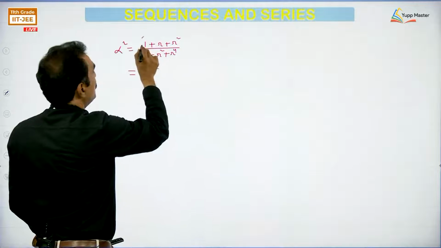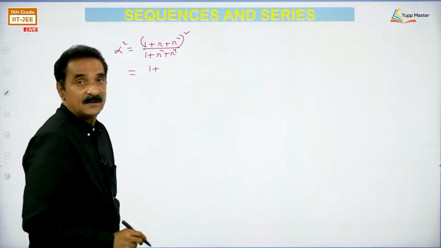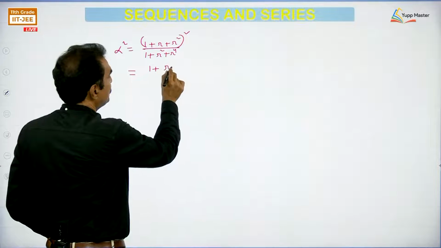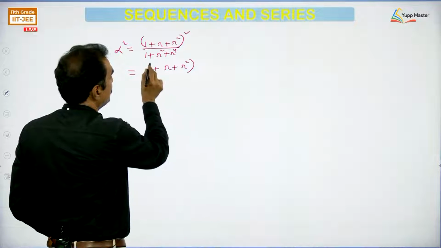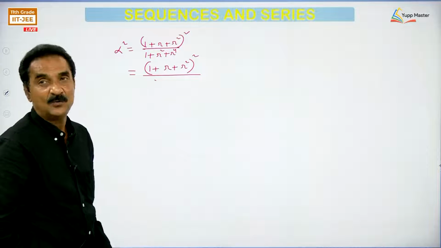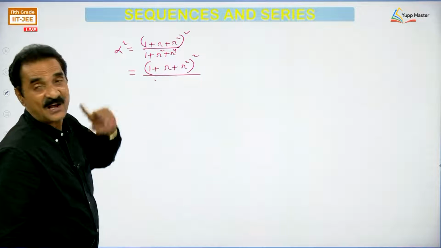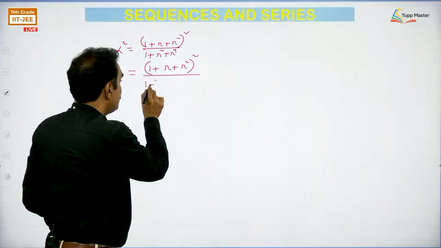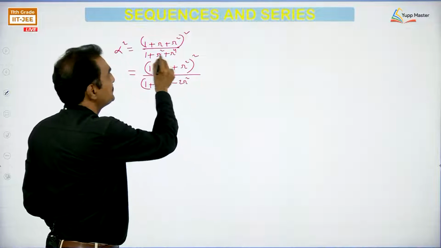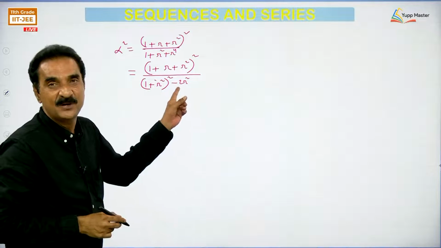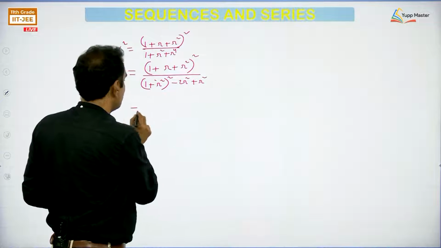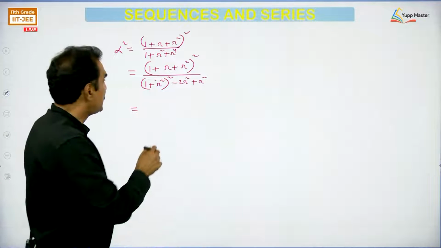So you will get whole square here. Now, keeping the numerator as it is, you can factorize the denominator. How? You can write 1 plus r power 4 as 1 plus r square whole square minus 2r square. A square plus b square is a plus b whole square minus 2ab, that formula. Plus remaining term r square. Now what is the denominator?